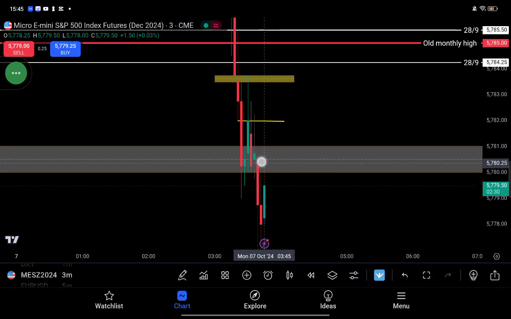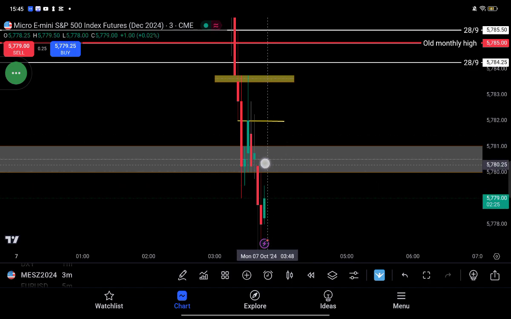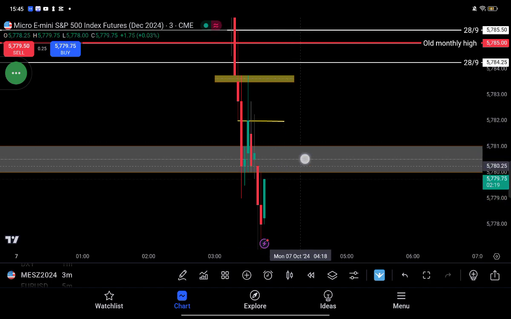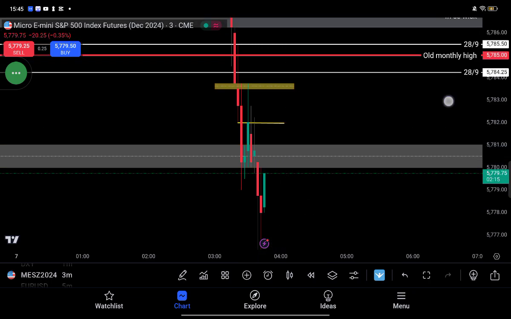Nice. This volume balance, I want to see price just trade through it. I don't want to see a resistance reaction. Because this is the 5-minute CB and 5-minute BC also, I want to see us trade above it. I don't want to see it act as resistance.